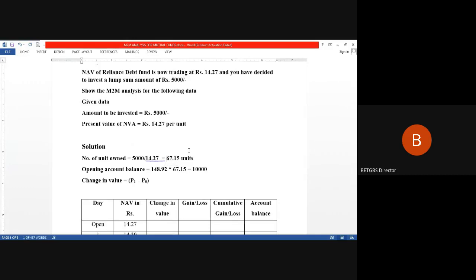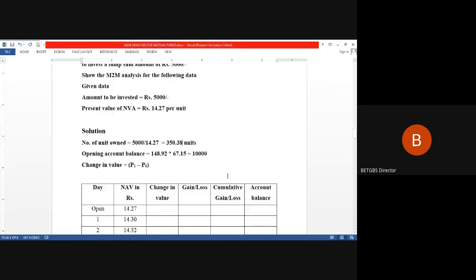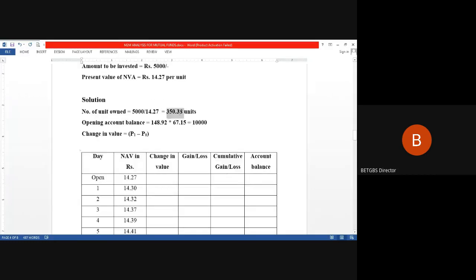So 5,000 divided by 14.27 will give us this. We don't want this many decimals, so we'll take only 2. So we're going to have about 350.38 units in our account.